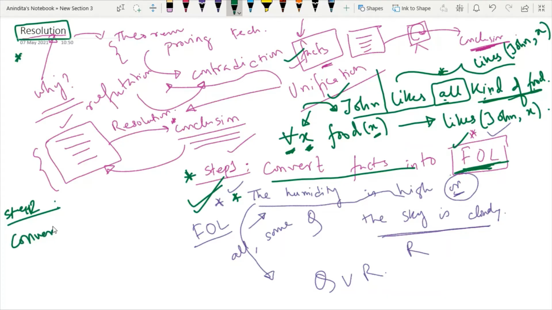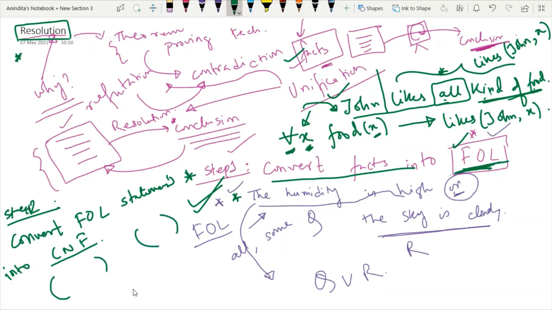The next step is we have to convert the first order logic statements into CNF, conjunctive normal form. Now, what is the definition of conjunctive normal form? Here, conjunctive normal form means we will have some clauses. A clause comprises some literals.